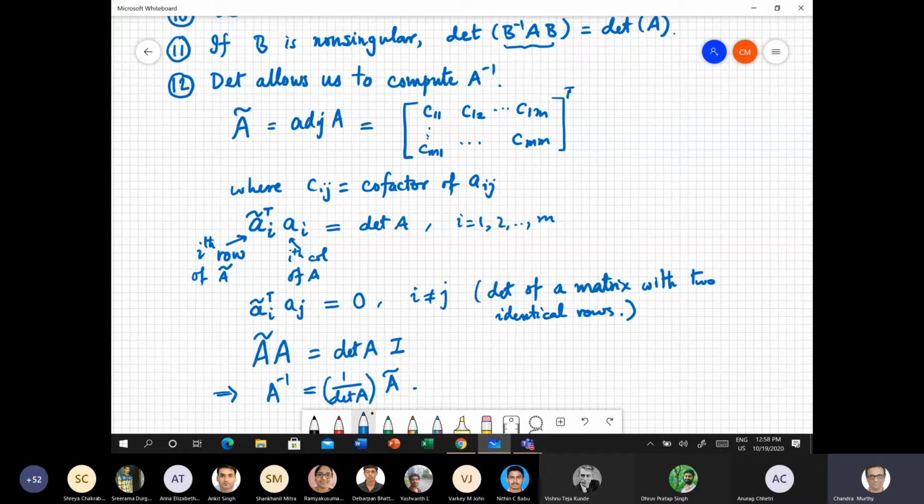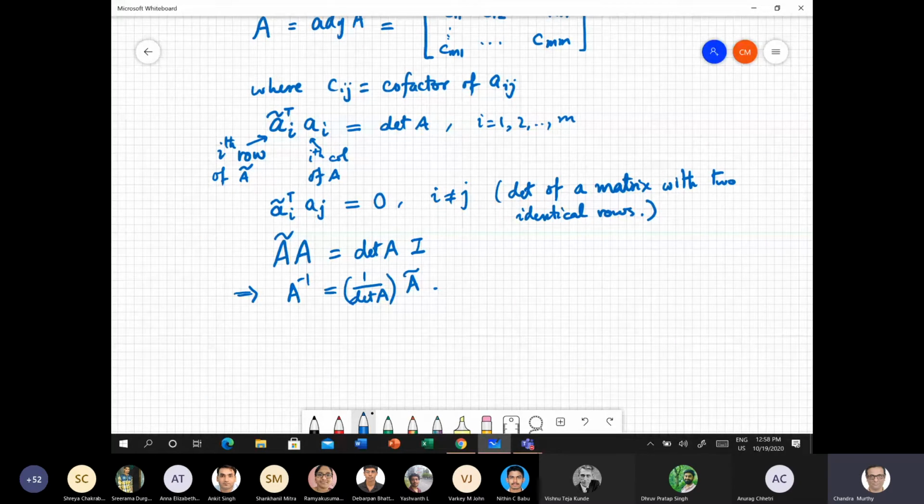So the determinant allows you to find the inverse of a matrix, although this is typically not the way you want to compute the inverse of a matrix. For instance, if you're using MATLAB, this is not how MATLAB would compute the inverse, but it gives us a formula, or at least one way, to try to find the inverse of a matrix.